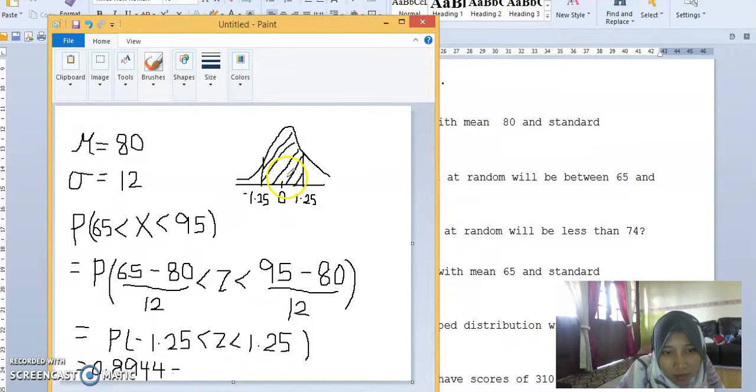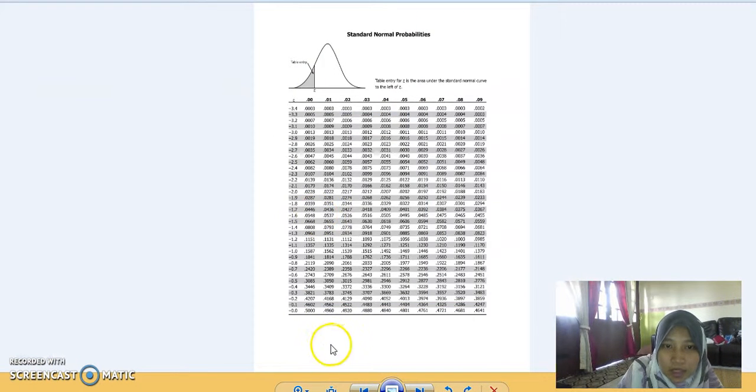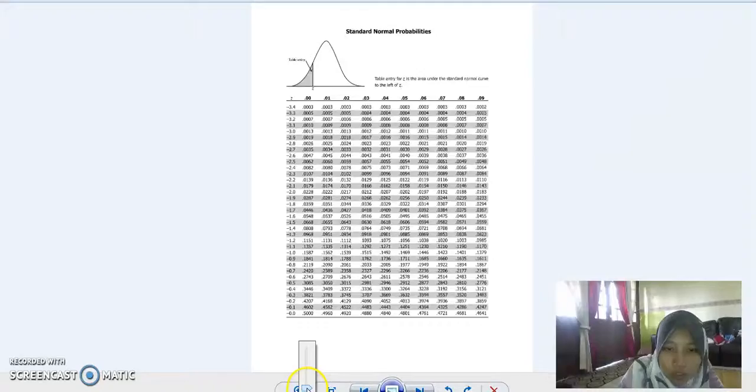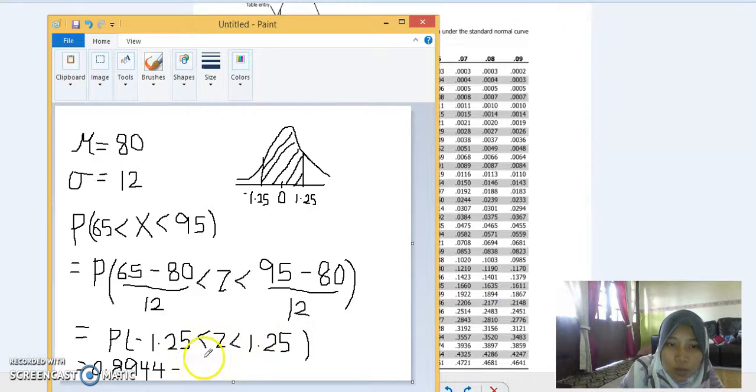Then you want to minus this small area here, so you are looking at the second table here, which you minus, that small area that you don't want. So this one, we are looking at negative 1.25, so the value would be 0.1056.